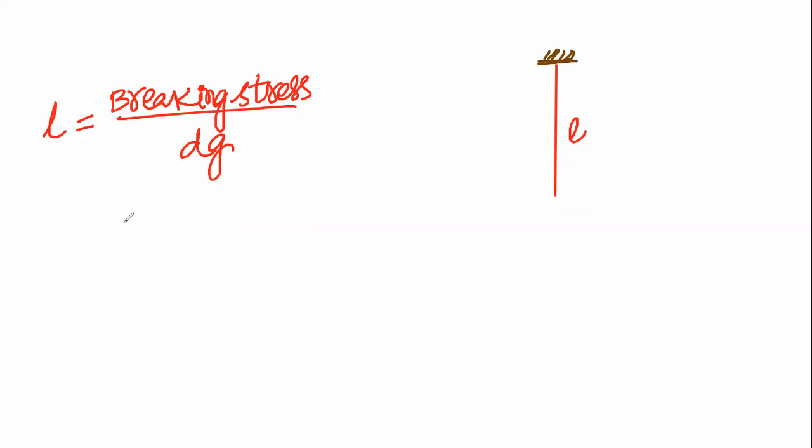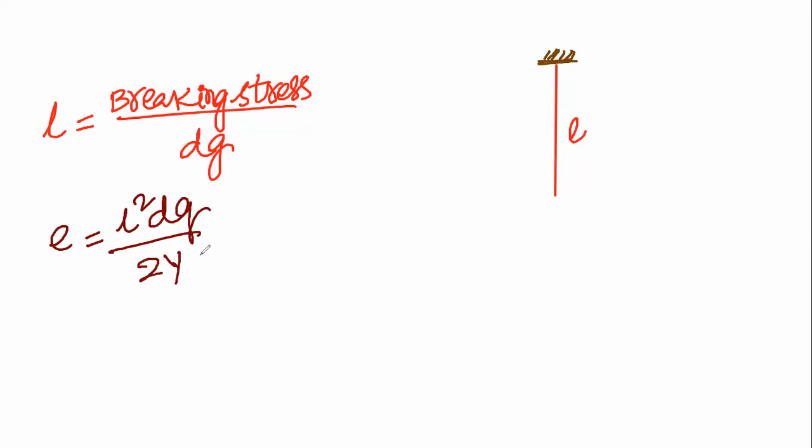If due to its own length it is extended, and the length of the wire is more, then the extension depends upon the Young's modulus of the wire. So e is equal to L squared dg divided by 2y.